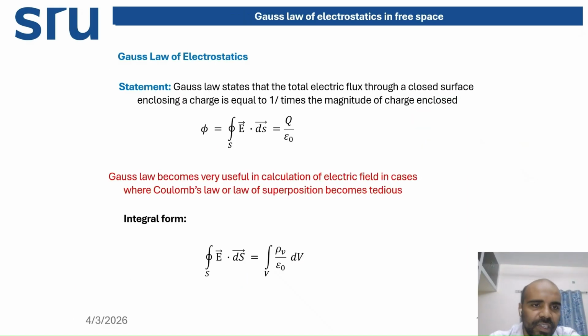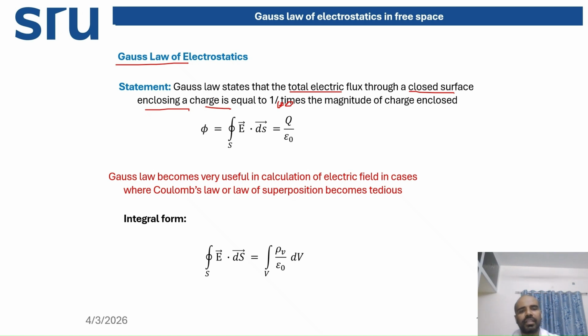So now we will discuss the Gauss law of electrostatics, right? What is the statement of Gauss law of electrostatics? Gauss law states that the total electric flux through a closed surface S enclosing a charge is equal to 1 by epsilon naught times the magnitude of the charge enclosed, right?